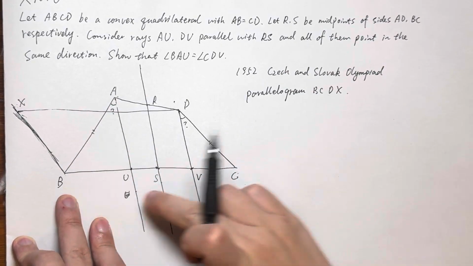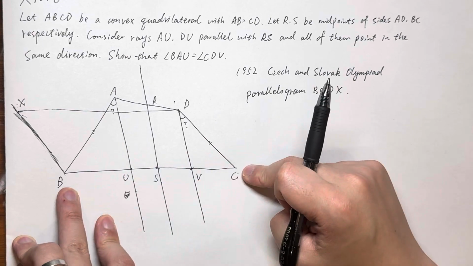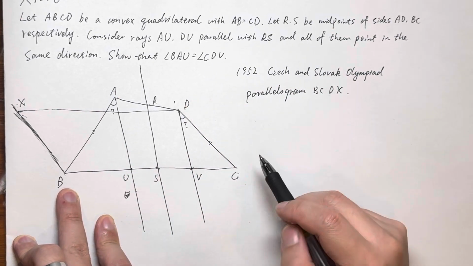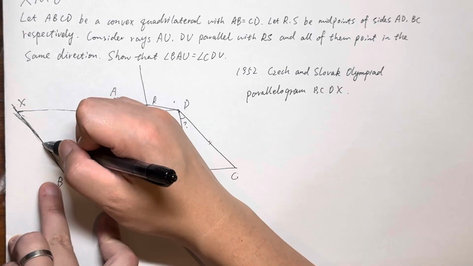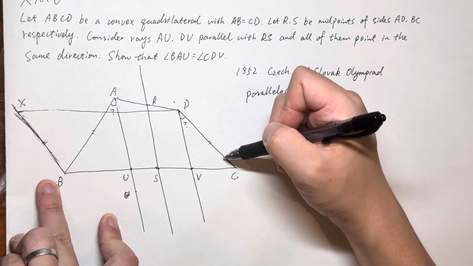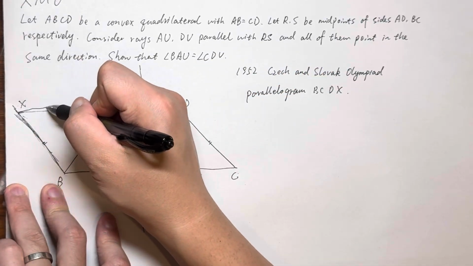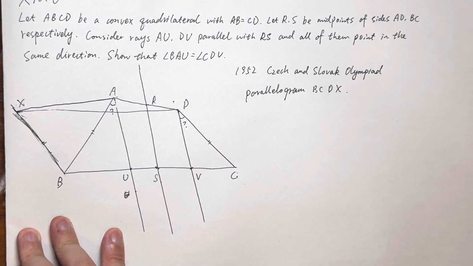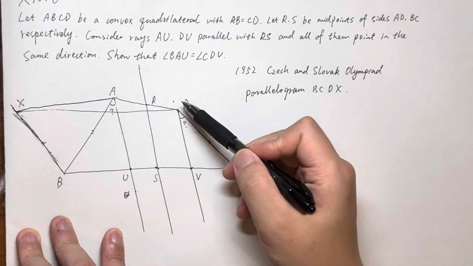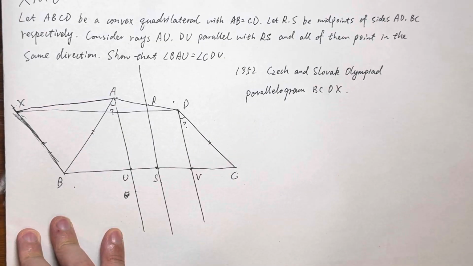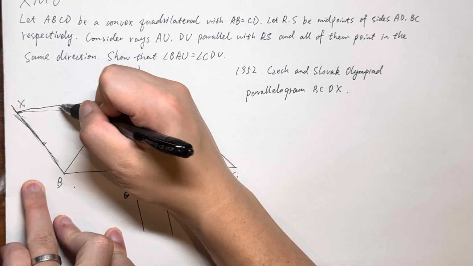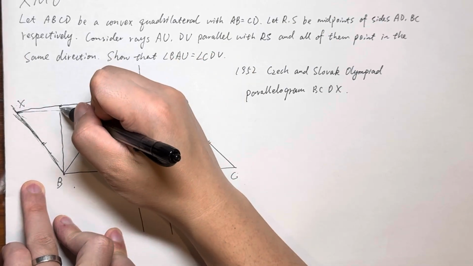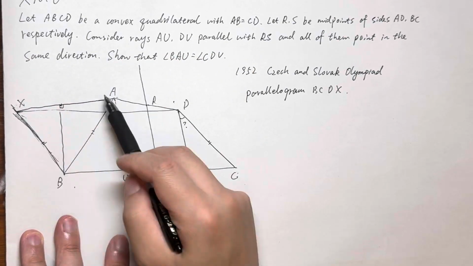Right, because we know the edge BC, we know the edge CD, and when we make a parallelogram, we know that BX equals CD, which means triangle ABX is an isosceles triangle, right? Because AB equals CD equals BX. Now we want to find the midpoint of AX.